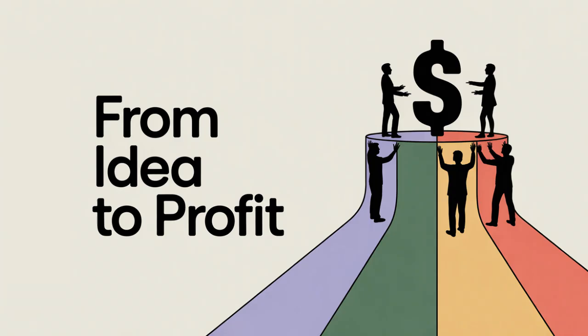Cost structure. What will it cost you? Money comes and goes. Cost structure describes all the expenses incurred in operating your business model. Understanding your costs is critically important for determining your pricing strategy and ensuring profitability. There are two main types of business models from a cost perspective.